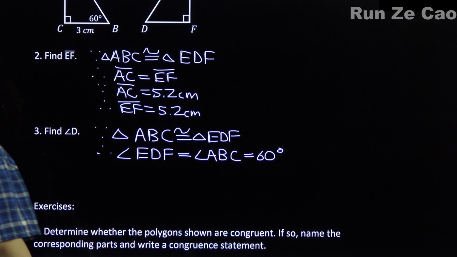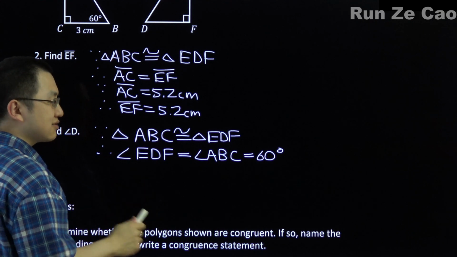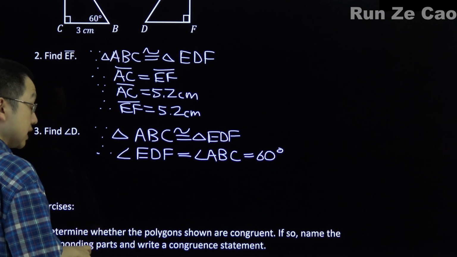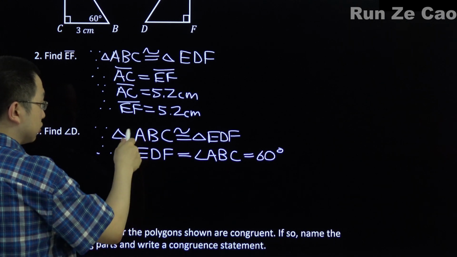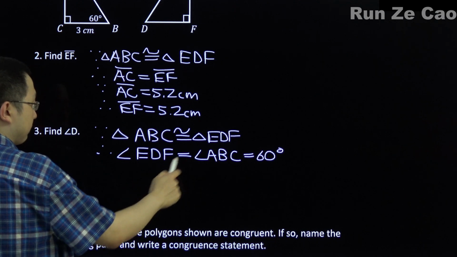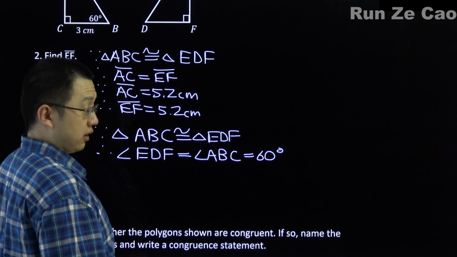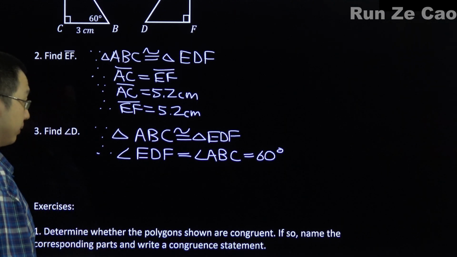Most teachers would be like, oh yeah, okay, with this, but writing one extra line isn't that big of a deal compared to changing up the order during a conversion from congruence of triangles to corresponding angles, because that change of order can actually throw off a lot of people.